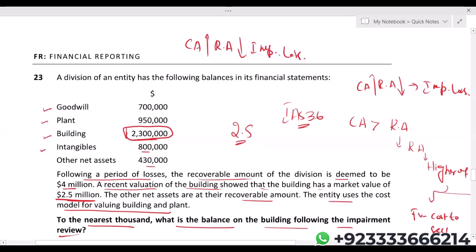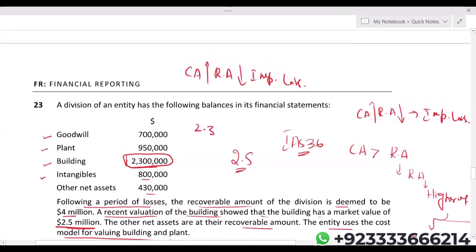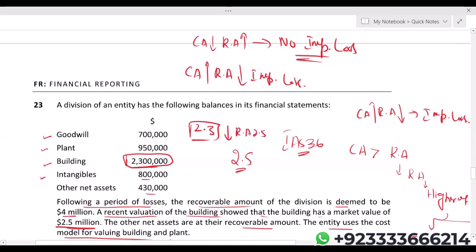Now, in the case of the building, the carrying amount is 2.3 million. If the carrying amount is less and the recoverable amount is more, then there is no impairment loss, and this is happening in the case of the building. The carrying amount of the building is 2.3, which is less. The recoverable amount is 2.5, which is more. So there is no impairment loss in the building, and it will remain at 2.3. You cannot bring 2.3 to become 2.5.